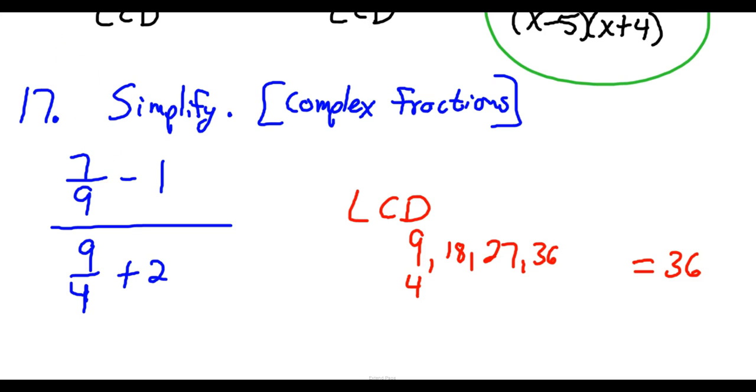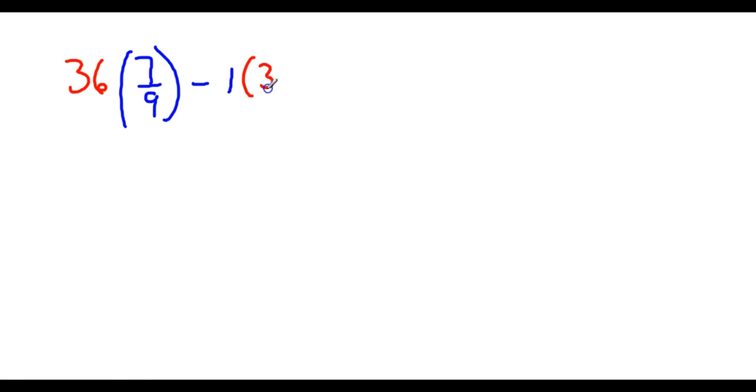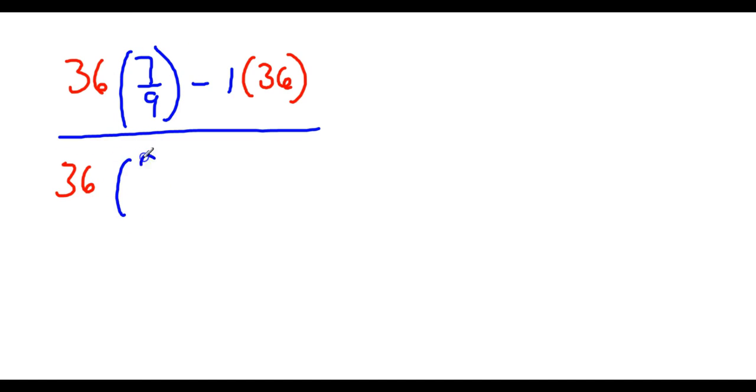So we're going to do 36 times 7/9 minus 1 times 36, over 36 times 9/4 plus 2 times 36.